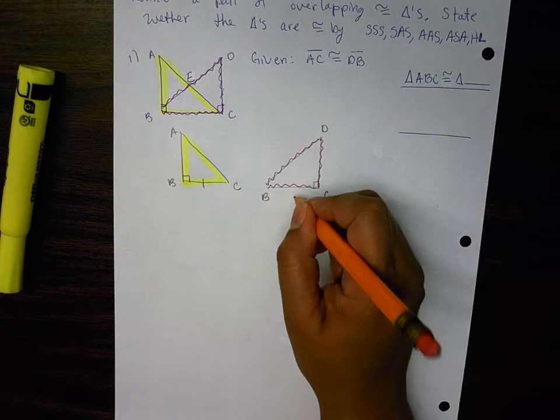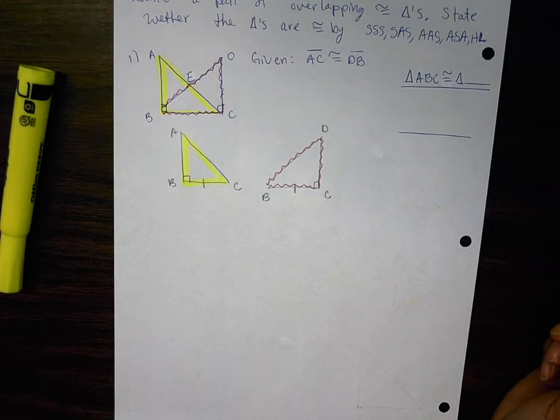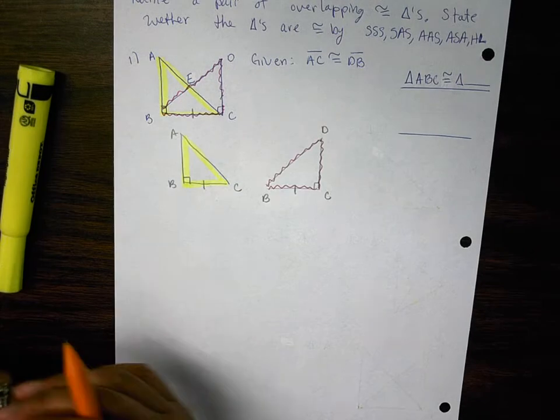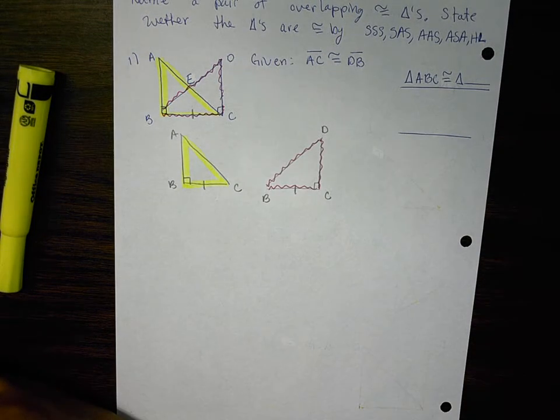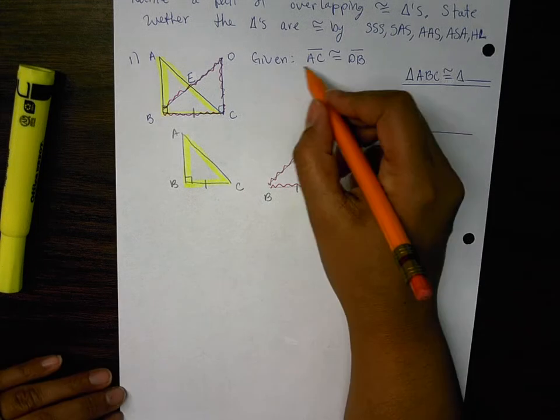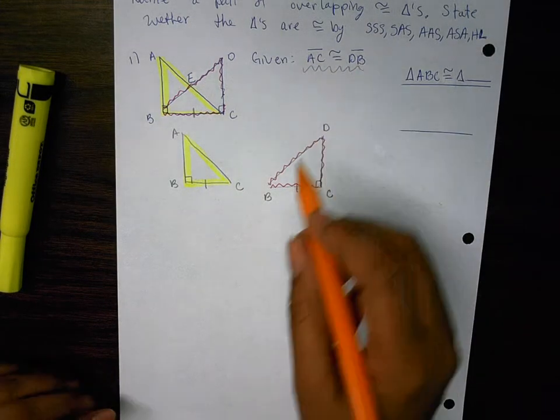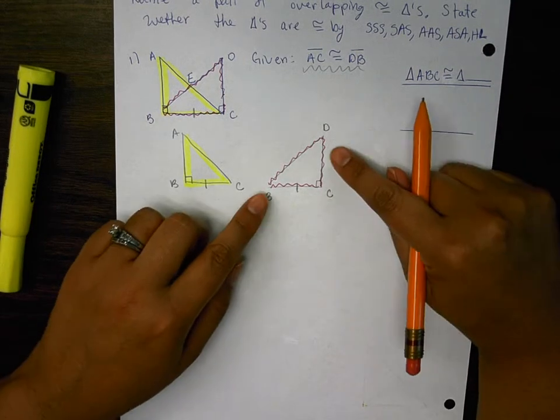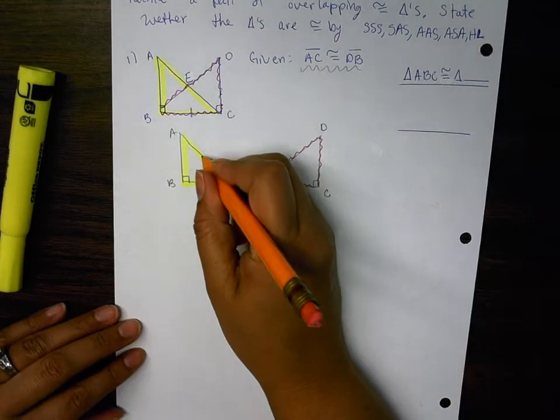Okay, since they overlap and we can use the reflexive property, can I put a marking here? BC is congruent to itself, yes or no? Like I could put it there, the two triangles share that side. Yes or no? All right, let's use given information because I haven't used that yet. What does it say? AC, this is AC, is congruent to what?